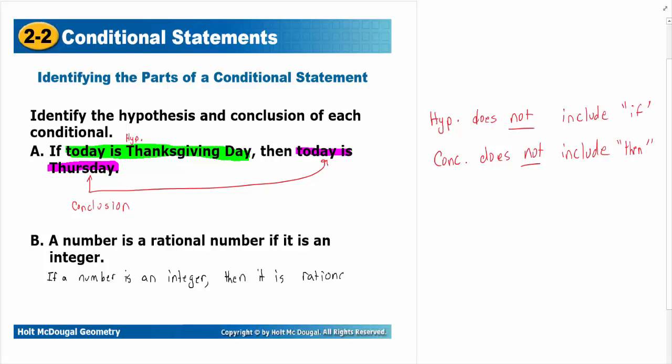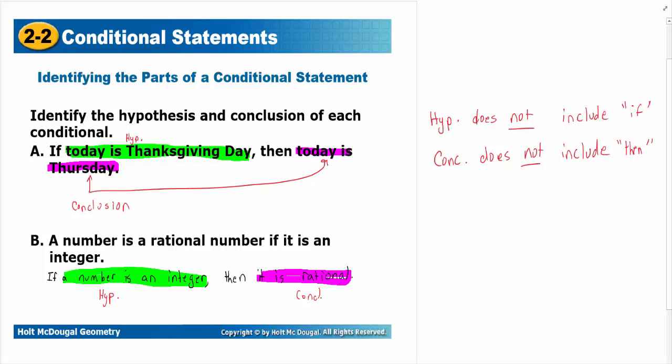So again, in this case, we just had to rewrite it so that it became an if-then statement. Once I do that, I can highlight my hypothesis, and then I can highlight my conclusion. So again, writing this down, we have our hypothesis and we have our conclusion.